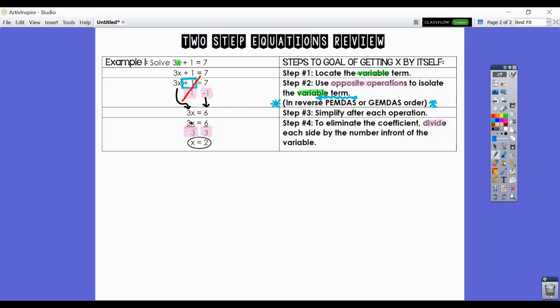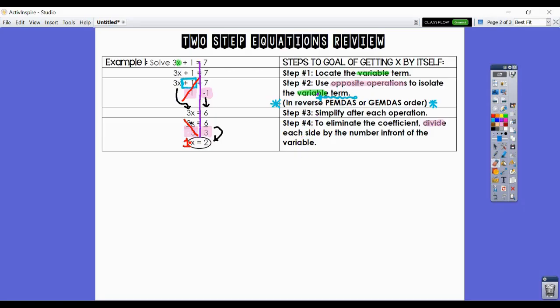Again, 3 divided by 3 cancels out to become 1x, which we'll write as just x there, but it's really saying 1 times x, just for your reference. And then we simplify our 6 divided by 3, which is going to be 2 there. Always think about your equal sign separating your equation into sides.